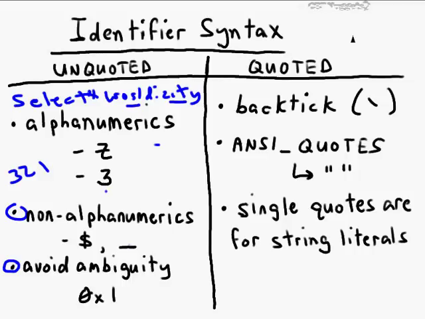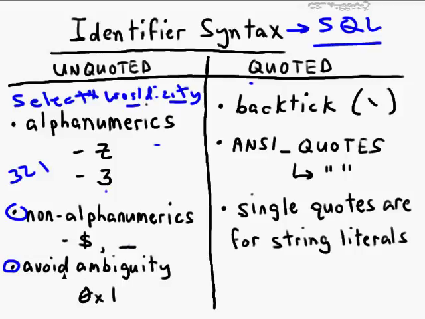But by default, if you tried to create a column using a reserved keyword, in this case insert is a reserved keyword that's part of the structured query language, the MySQL parser is going to bark at you because it's going to be unable to tell whether you're trying to use the insert statement in SQL or if you're referring to an identifier object. This is where quoted syntax comes in handy.